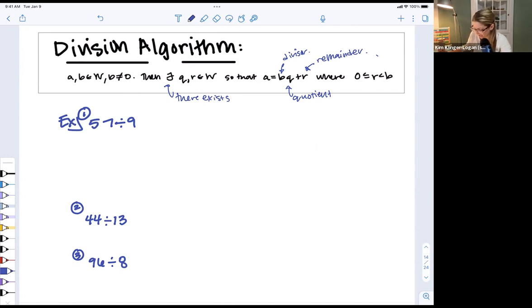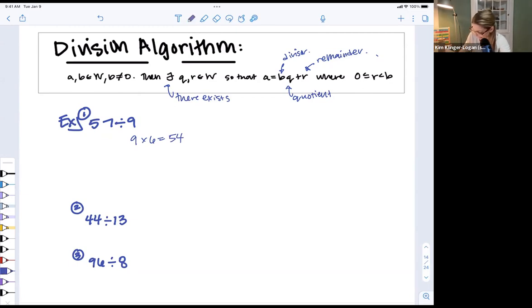And so how this division algorithm works in practice is, if I'm dividing 57 by 9, I would first look at some multiples of 9. So 9 times 4 is 36, 9 times 5 is 45, and 9 times 6 is 54. Which isn't quite 57, but if I did another multiple of 9, it'd be too big, right?